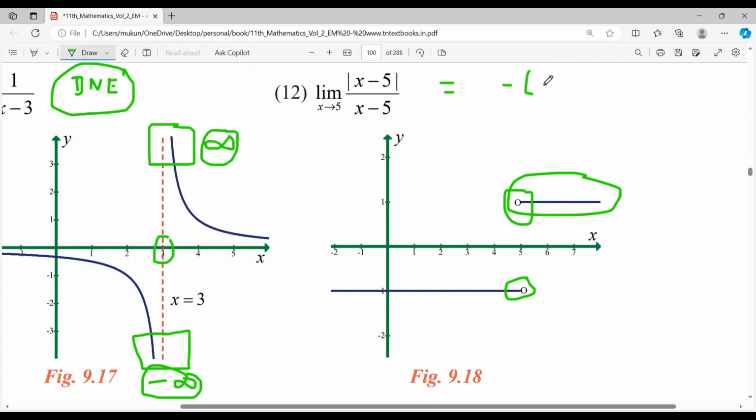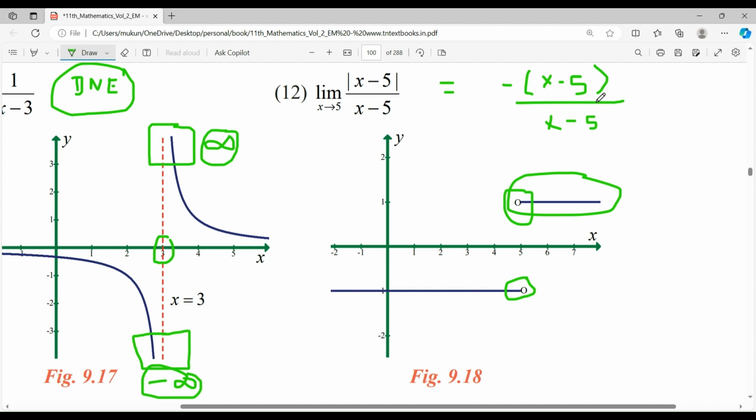For values less than 5, we know that the mod function will take minus of x minus 5, right? And why is that? Because mod of any function is always a positive number, and x minus 5 is going to be a negative number because x is going to be lesser than 5.